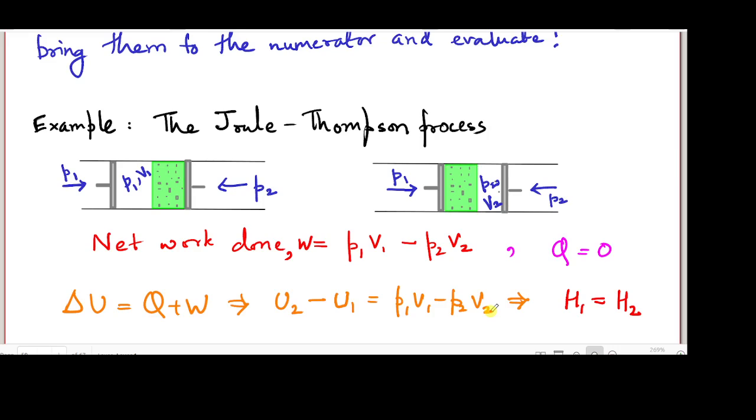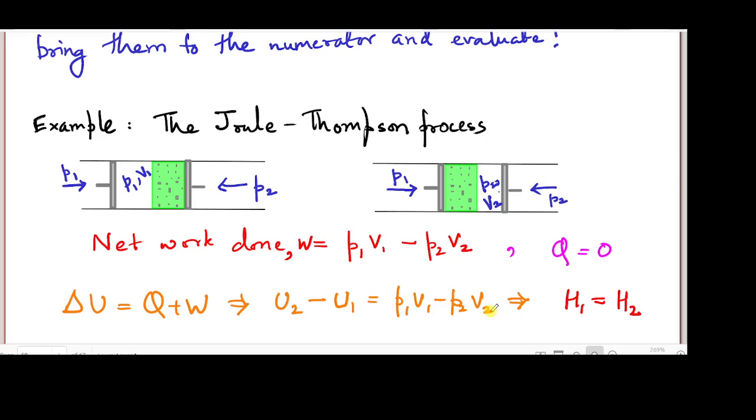Now, we often hear that the Joule-Thomson process is an isenthalpic process, a process in which enthalpy is held constant. But that really is not the correct way to put it, simply because this is a non-equilibrium process and there is no guarantee that the enthalpy will necessarily be the same as the initial value.